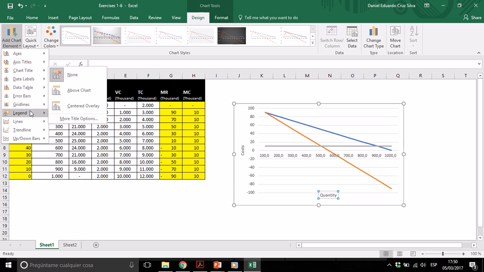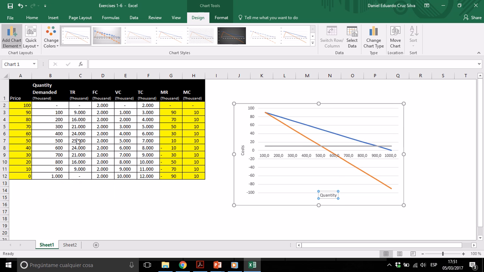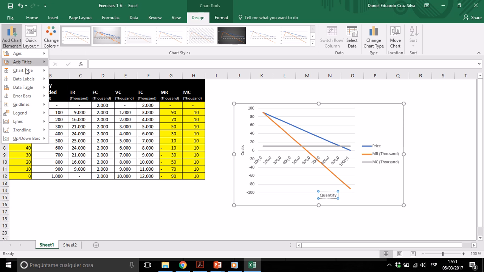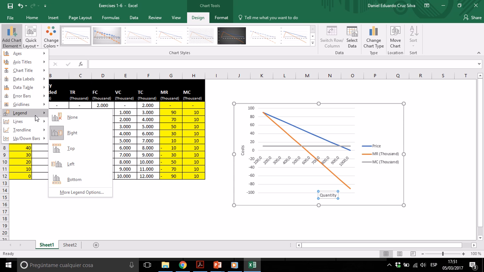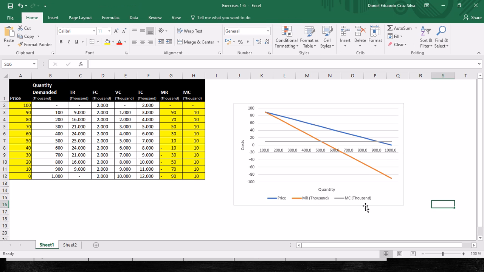Maybe you will need the legend better, so you will put it on the right, maybe. Maybe it's not okay. Maybe it should be better. Let's put the legend down here. Okay. Then, which other thing is important? I guess that it's like that.